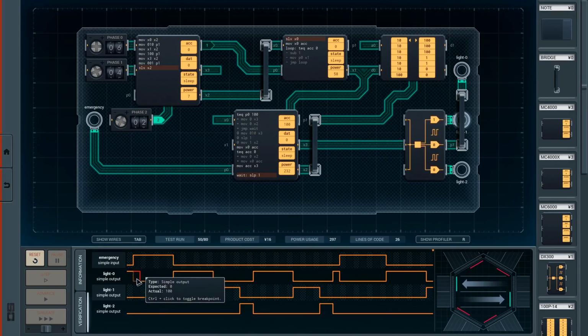So if non-emergency, none of these are set to 0. They all fit in this so far. Why would no emergency followed by emergency leave that there?